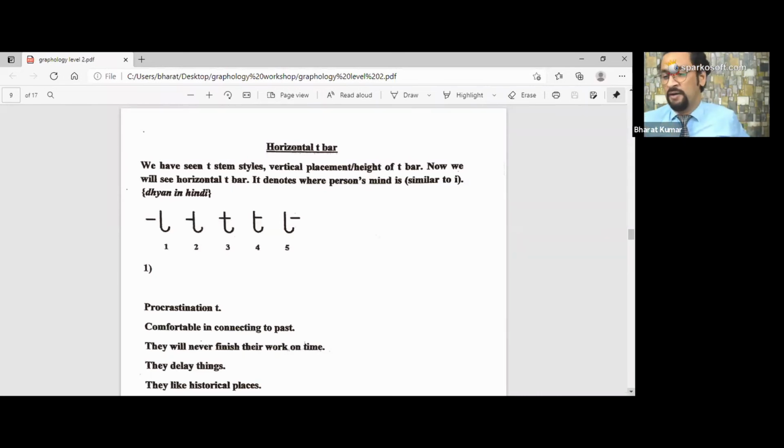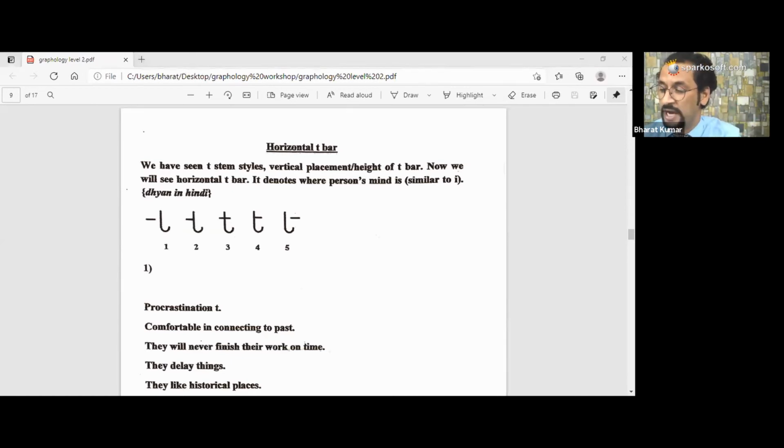And fifth one, right-hand side but no touch. In second and fourth, there is a touch either in left or right. And third one is supposed to be the perfect one. Someone asked which one is best. So according to me, third one is best.